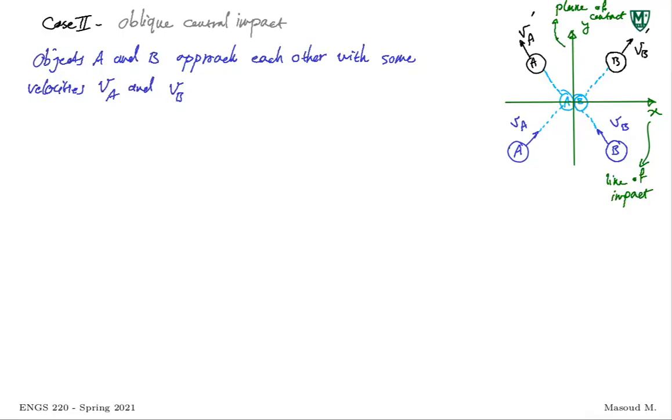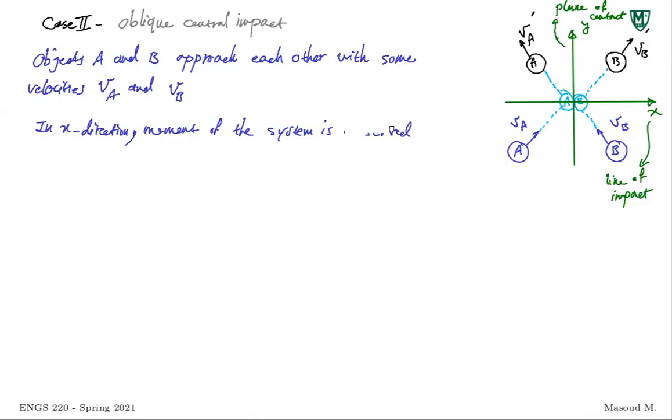So what we care about is the X component of velocities. What I'm trying to say is that, you can write it this way, in X direction, along the line of impact, the momentum of the system is conserved.